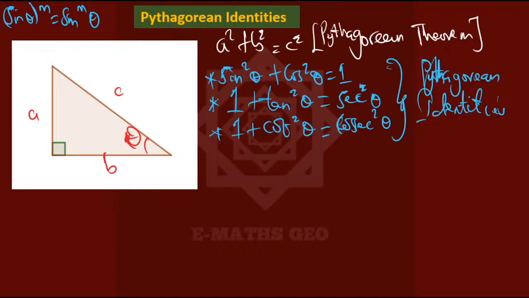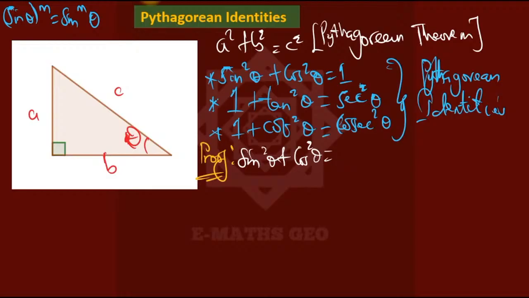So let's look at the quick proof of that. We want to show that sine squared plus cos squared is 1. Let's start proving and see whether we'll get 1.